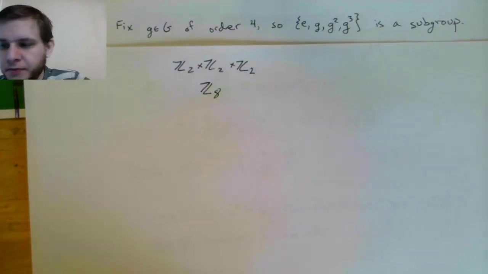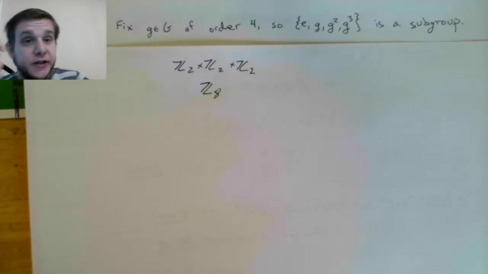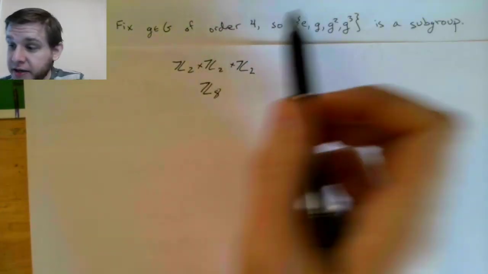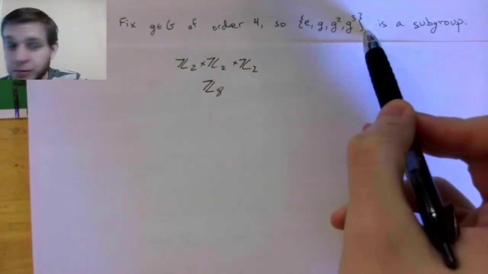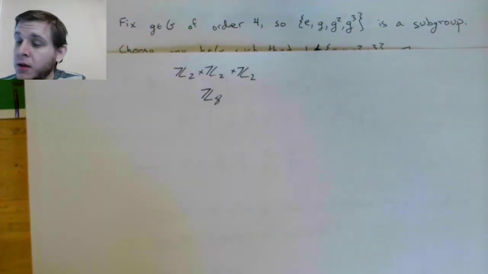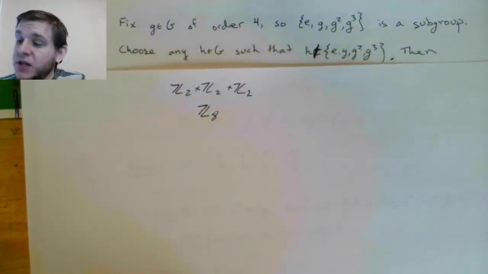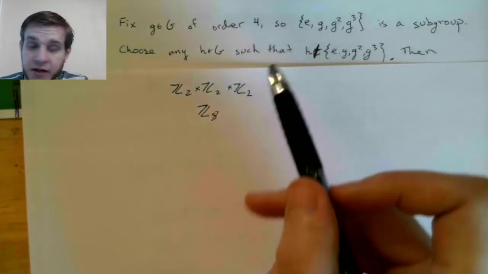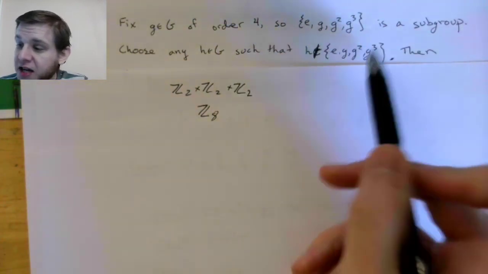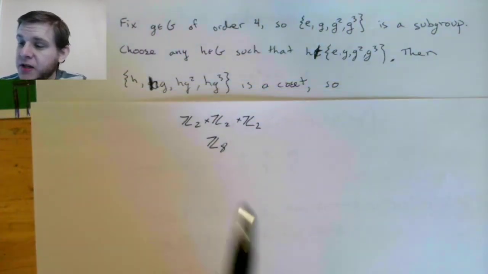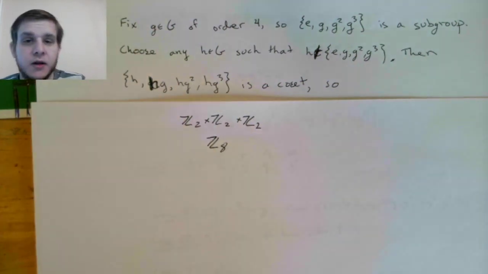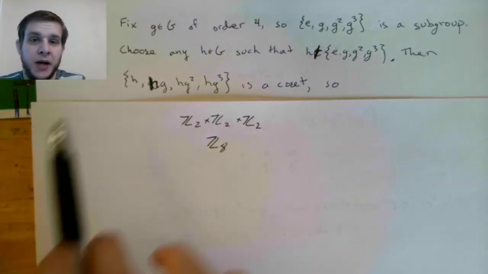So what do I want to do? To analyze this case, I know that there exists an element of order 4, so I can take it, and I can look at the subgroup it generates. Now, once I have a subgroup, I can take a coset. I choose any h that's not in this subgroup, and I build the coset just by multiplying on the left by h.